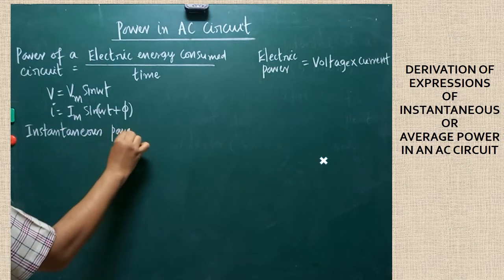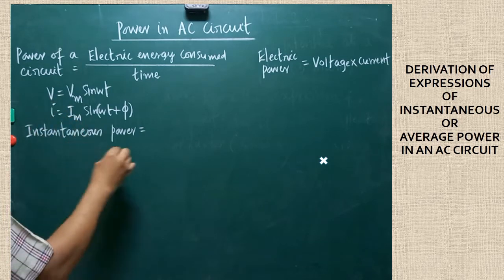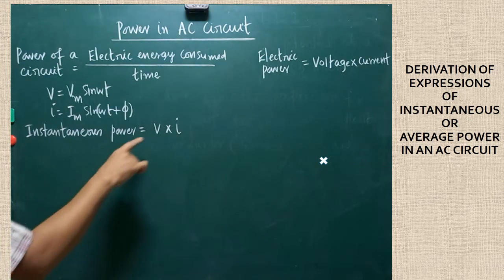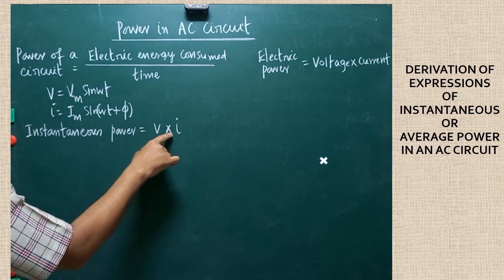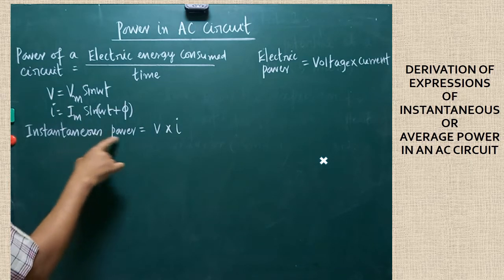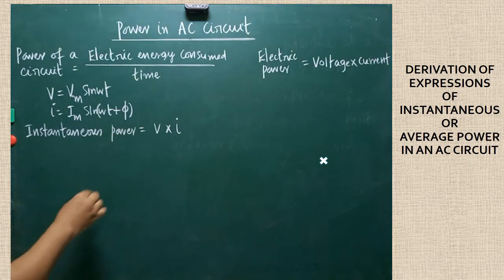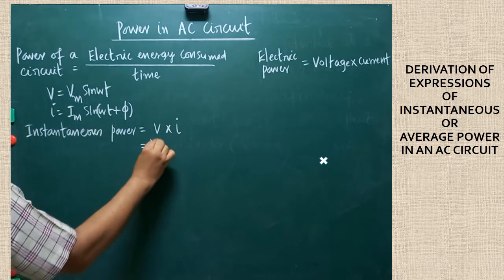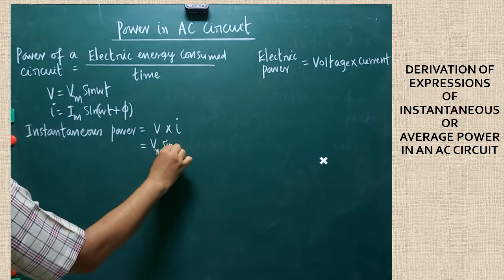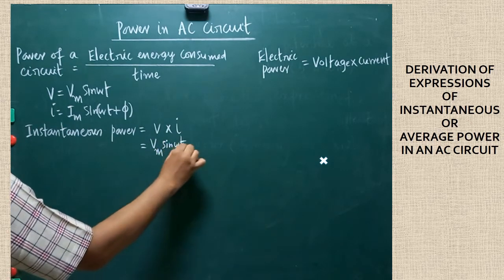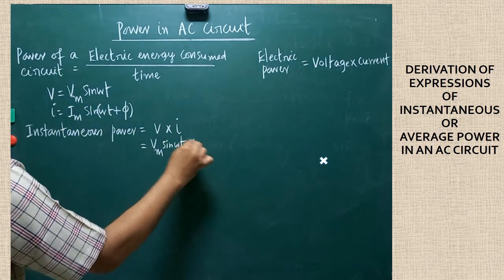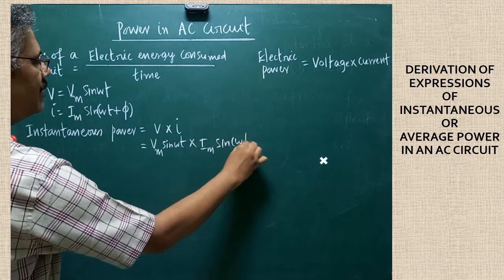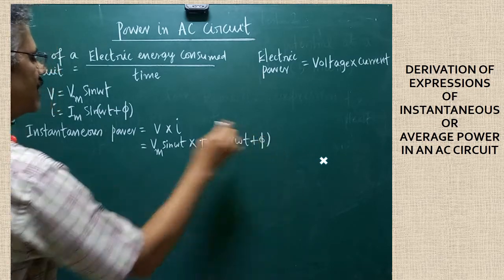Therefore, instantaneous power will be equal to instantaneous voltage into instantaneous current. If you multiply the instantaneous voltage of AC into the instantaneous value of current, you will get the value of instantaneous power. So instead of V, we can substitute Vm sine omega t, and that must be multiplied with Im sine omega t plus phi.